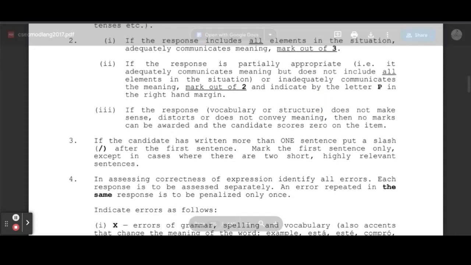And then if your response, whether it's vocab or structure, does not make any sense, and the meaning is distorted in some way, shape, or form, and I can't really decipher where you're going with it, then 0 is the mark. You get your Christmas ornament. Yeah, Christmas ornaments. 0 is an egg.